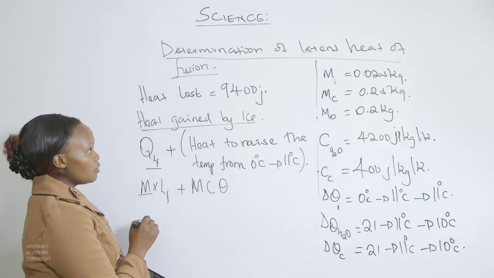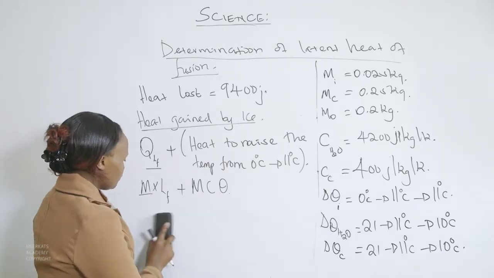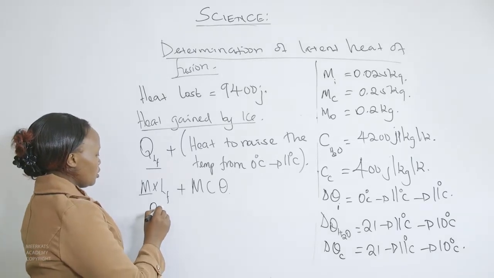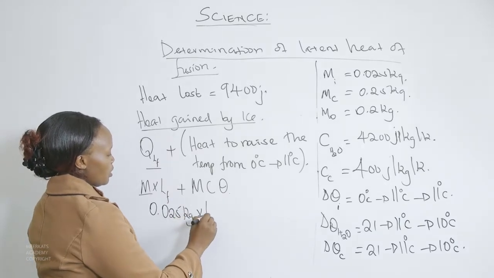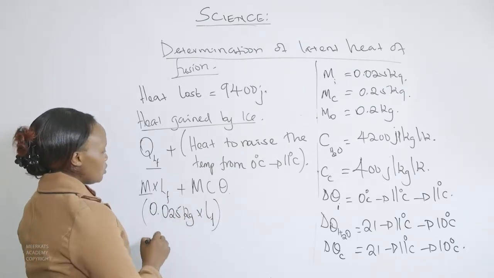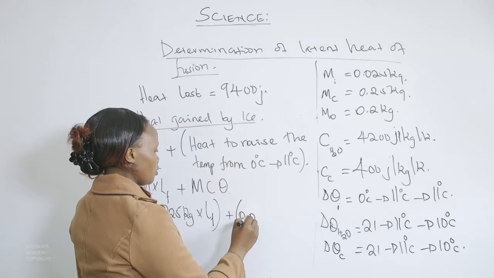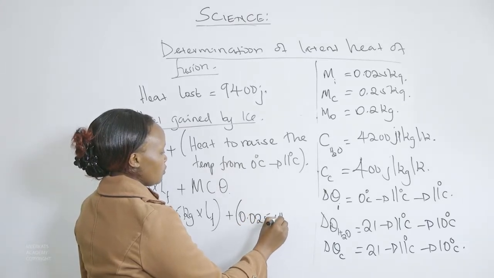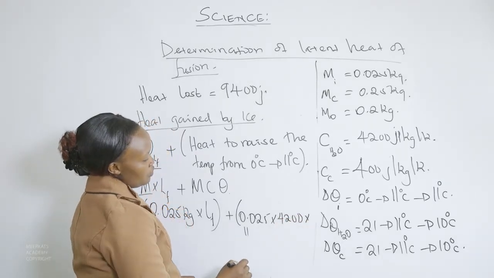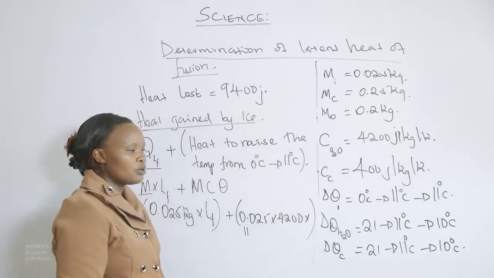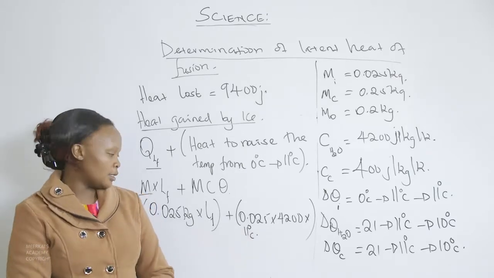Here the mass has been given as 0.025 kilograms. We multiply by the latent heat of fusion, that is what we are looking for. And this one we add to the product of mass, specific heat capacity of water, and the change of our temperature from 0 to 11, which gives us a positive 11 degrees centigrade.